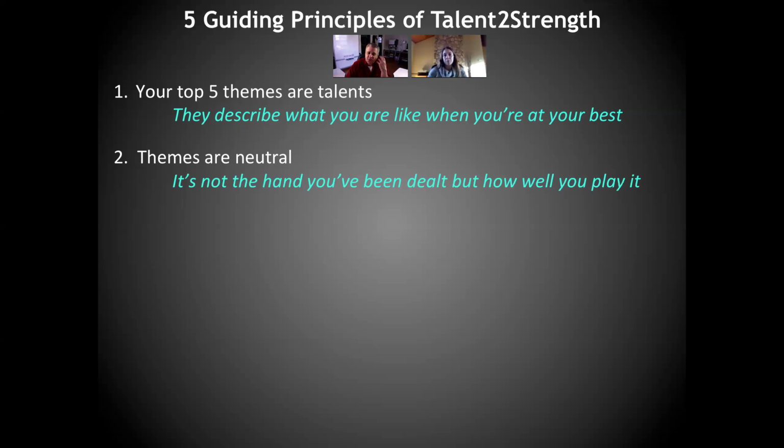And the idea is to be as effective with your themes as you can be by understanding them and learning how to use them. And I know that I'm designed for a certain kind of work. I'm designed for abstract thinking and concepts, and I don't particularly enjoy the details and things like that. So I learned to steer my ship a little bit more towards those kinds of tasks and that kind of work when possible.